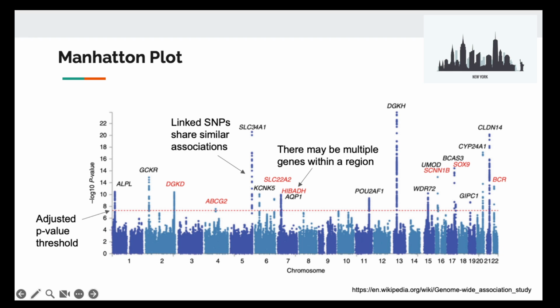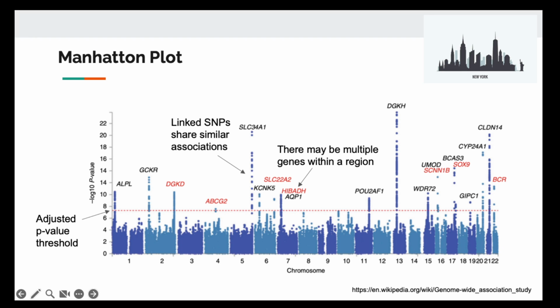In this case, the adjusted p-value threshold is 10 to the minus 7, which is very small.